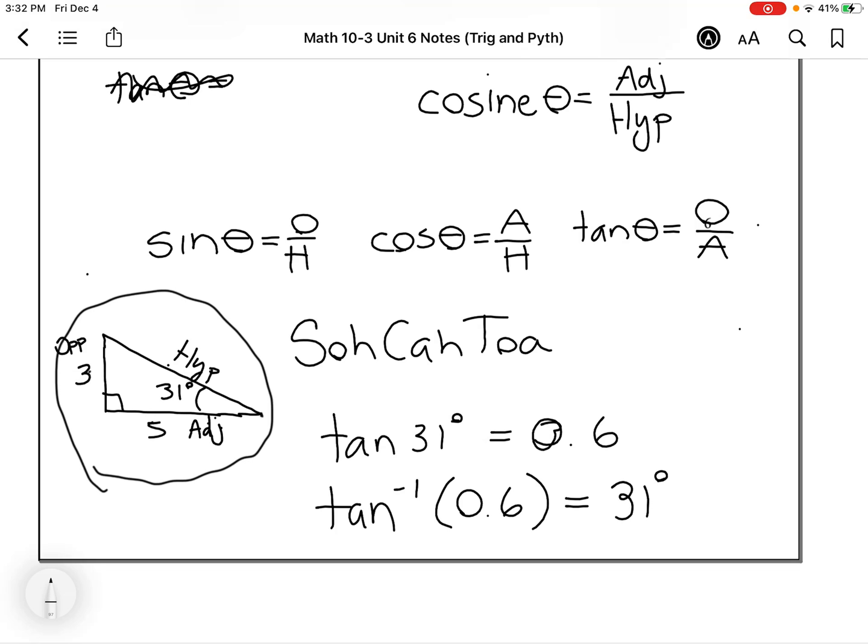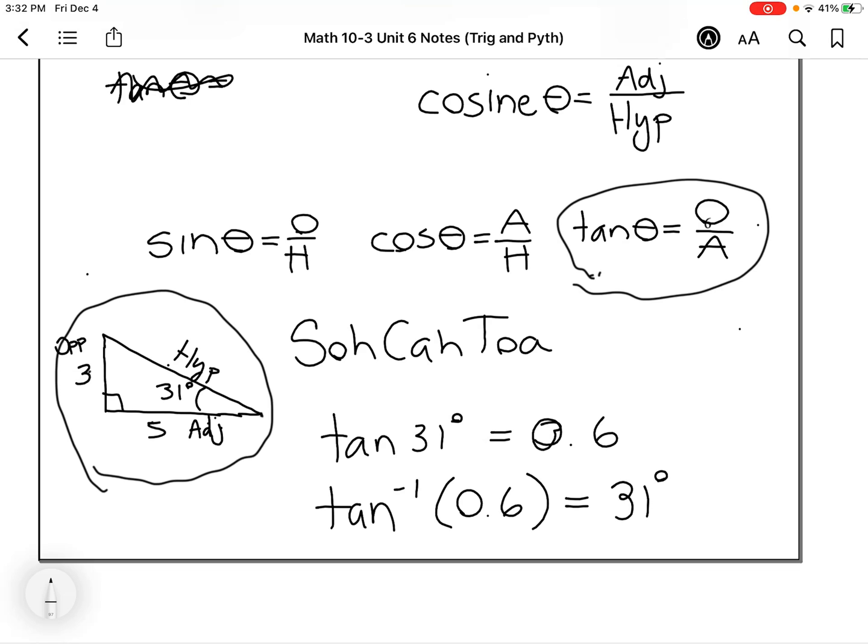And the angle, by the way, was not 30. We were off by 1 degree. It was 31. And the base was the adjacent side. So the two sides that we're pairing up are opposite and adjacent, and that is the tan ratio, because it involves the opposite and adjacent side.